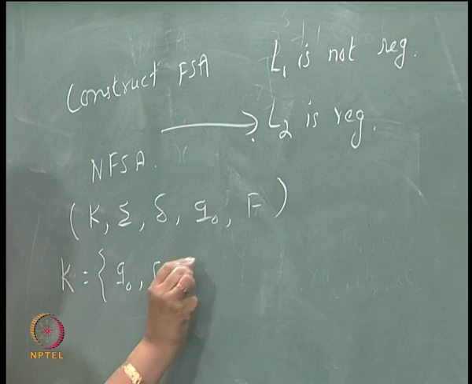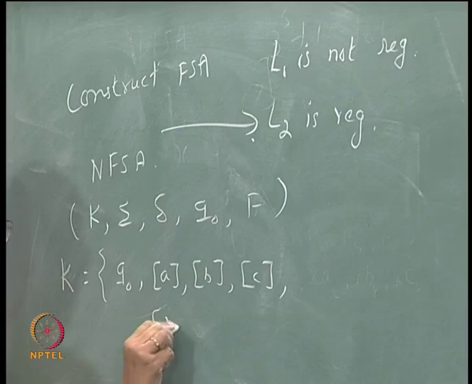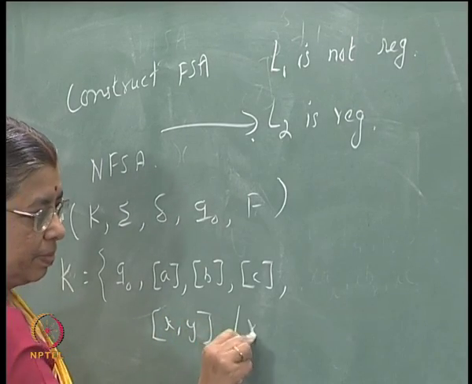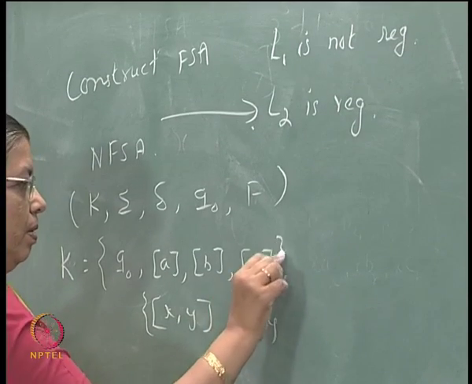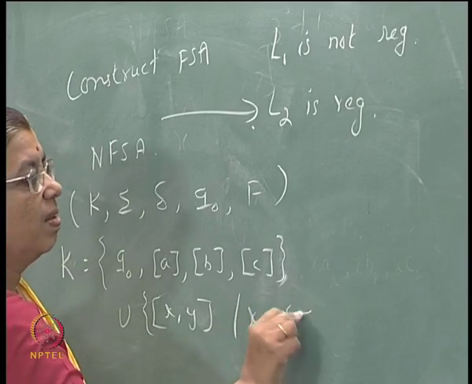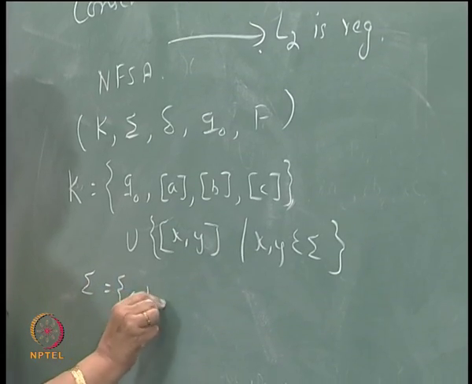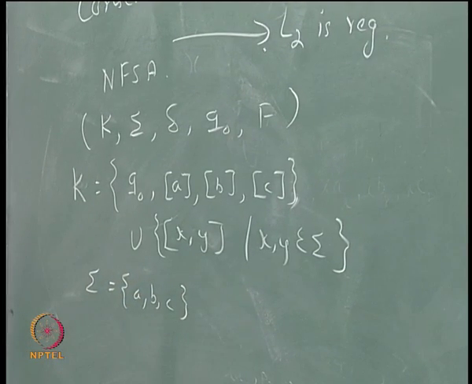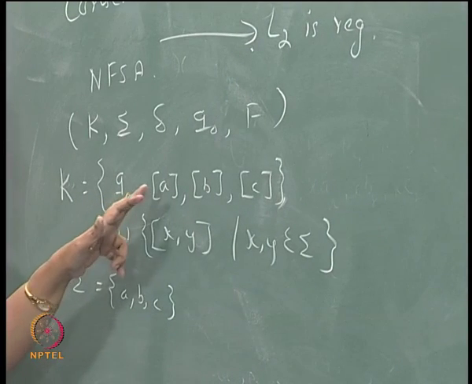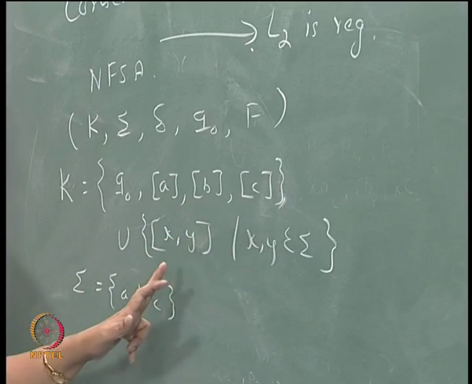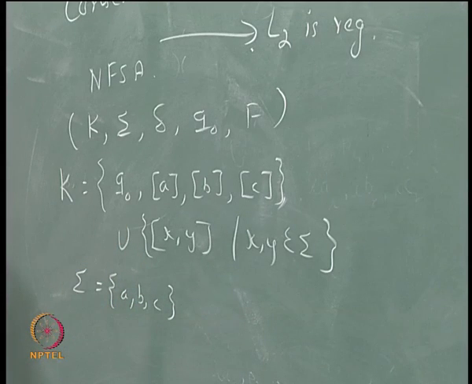The symbols are A, B, C and also x, y, and of course, sigma is A, B, C. The states are the initial state, then singleton states, 3 states, then pairs AA, AB, AC, BA, BB, BC, CA, CB, CC, right.